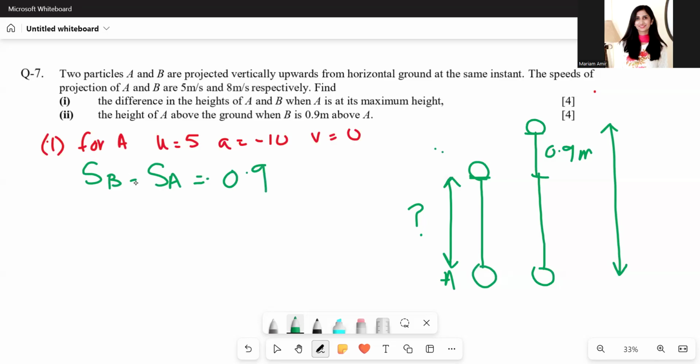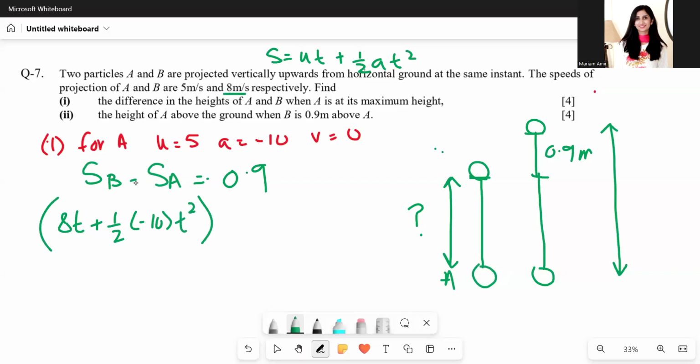So now let's form formulas for distance covered by B. I'm going to use the formula UT plus half AT square. For B, U is 8. So 8T plus half A is minus 10T square, minus the UT plus half AT squared for A, is equal to 0.9.